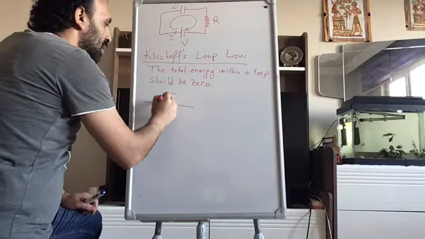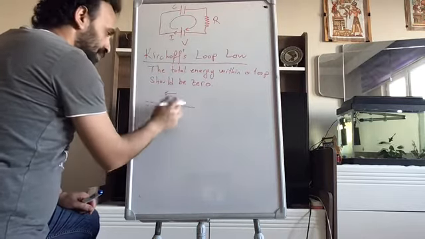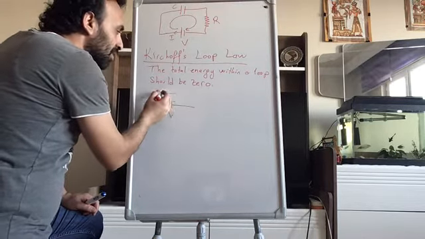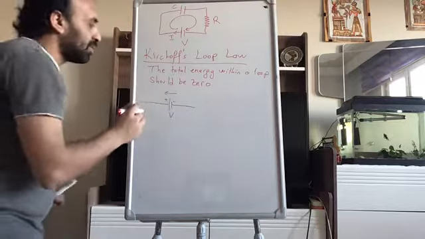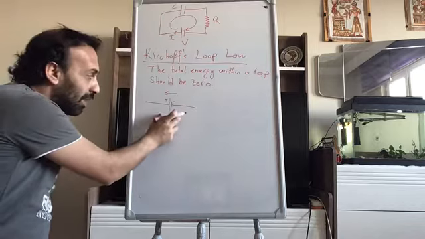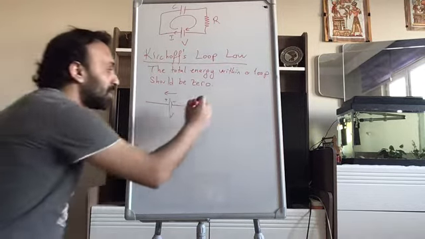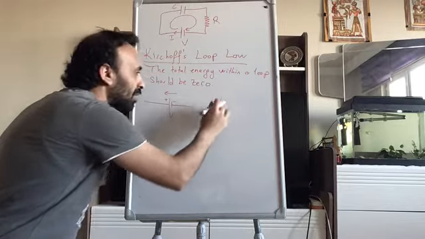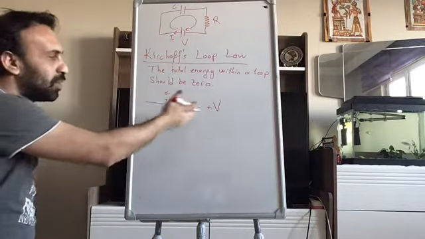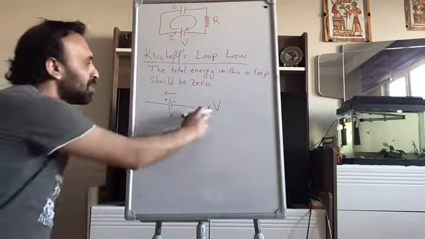So this is minus, this is positive. If we follow the same direction, this power supply contributes energy to the circuit, right? So it's going to be plus V. That V, if we charge with Q, gives you energy. So it is going to be V.